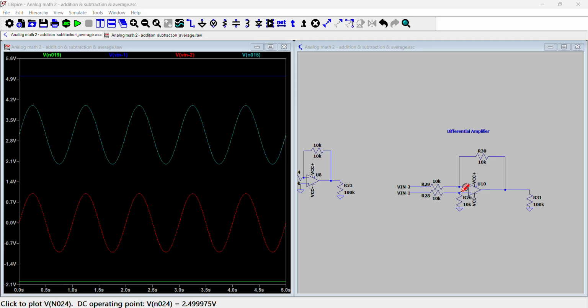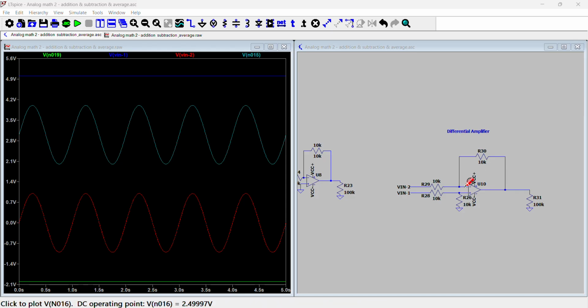We make this positive terminal a half of the voltage that we want to subtract from. So there's a voltage divider here, which splits the voltage to be a half in this terminal. And then if you run the mathematics of the inverting config, it becomes half of this voltage minus this voltage is equal to the output voltage minus a half of this voltage, because they're divided by the same resistors.